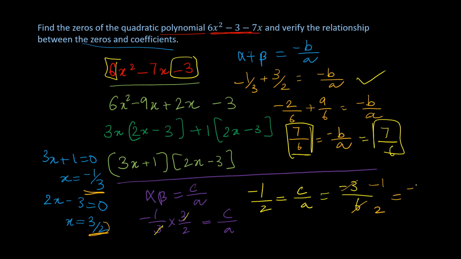So that's minus 1 by 2. So c by a, the second relationship, is also proved correct, and therefore the relationship between the zeros and the coefficients is shown.